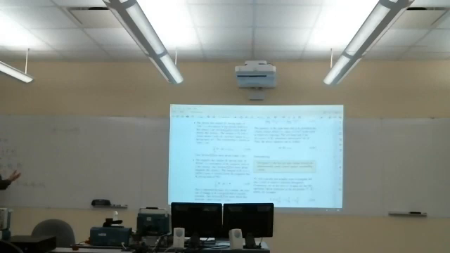So X, Y, Z, that's obvious. If it's a rho, it's cylindrical. If it's an R, it's spherical. Also, we don't have a theta in cylindrical. We only have a theta in spherical. So this is spherical coordinates. We've got an R unit vector instead of a rho unit vector.